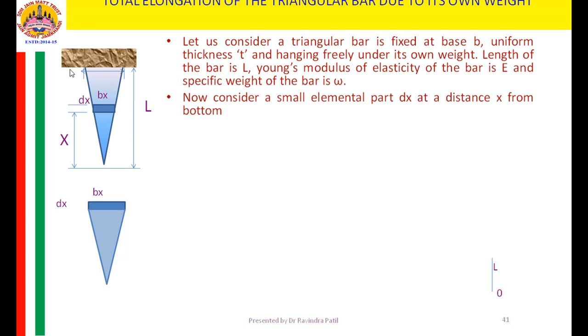If you consider a strip at the top, the total triangular weight is acting on it. If you consider one at the bottom, only the small tip is acting on it. Therefore, I need to consider one particular strip whose depth is negligible, one dx, at a distance of x from the bottom.